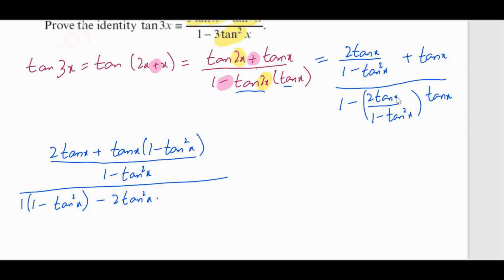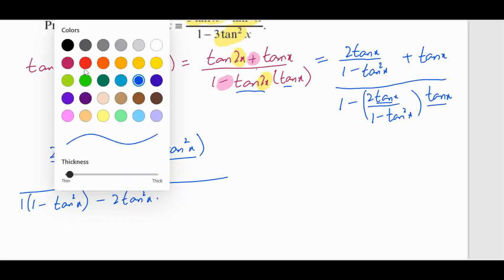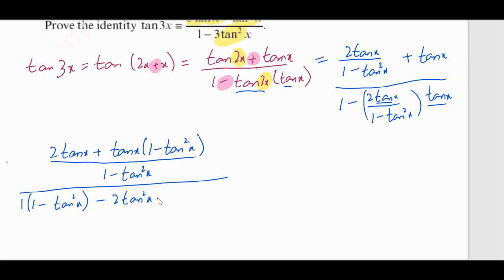because ये tan और ये tan आपने मल्टीप्लाई कर दिया, and then this will be whole divided by 1 minus tan square of x. Now we can cancel out this one and this one.